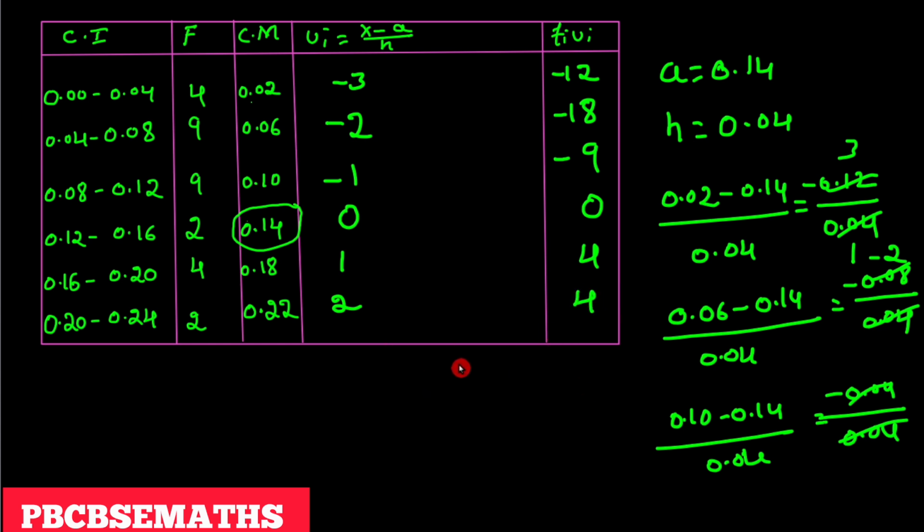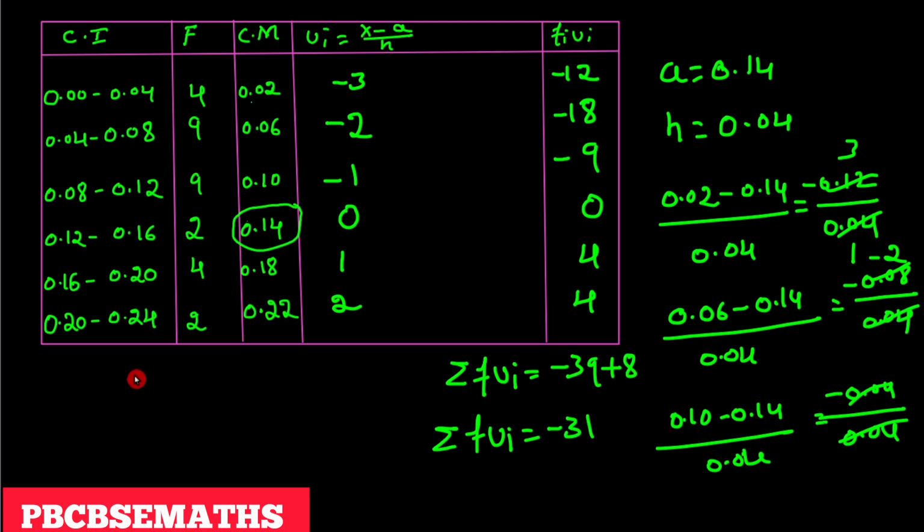Now let's find out the summation of f i u i. So minus 12 minus 18 gives us minus 30. Minus 30 minus 9 gives us minus 39, plus 0 plus 4. 4 plus 4, we get 8. So the summation of f i u i is equal to minus 39 plus 8, that is minus 31.